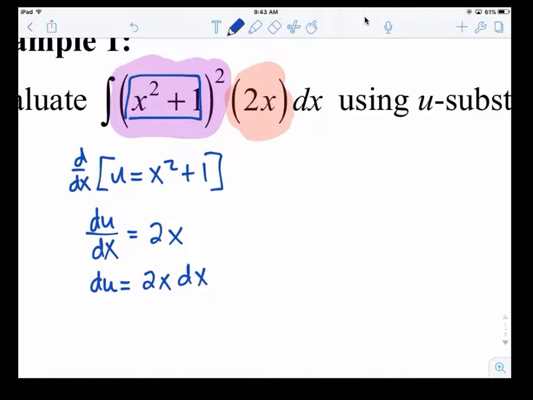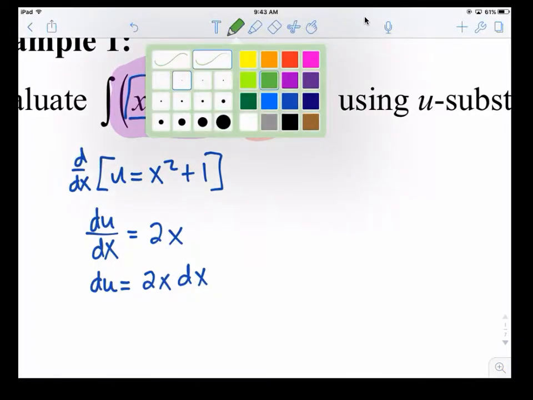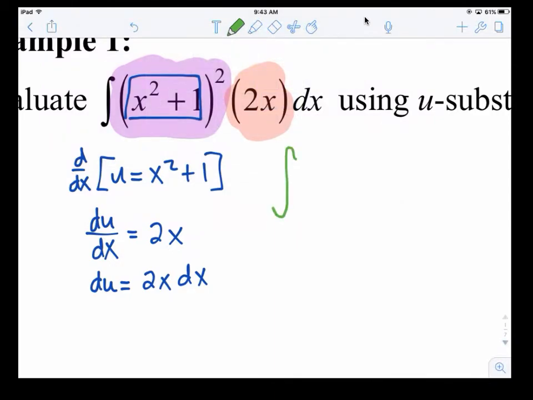So how you rewrite this is, instead of (x squared plus 1) squared, I'm going to replace the x squared plus 1 with a u. So I have u squared. And then I'm going to replace 2x dx with du.